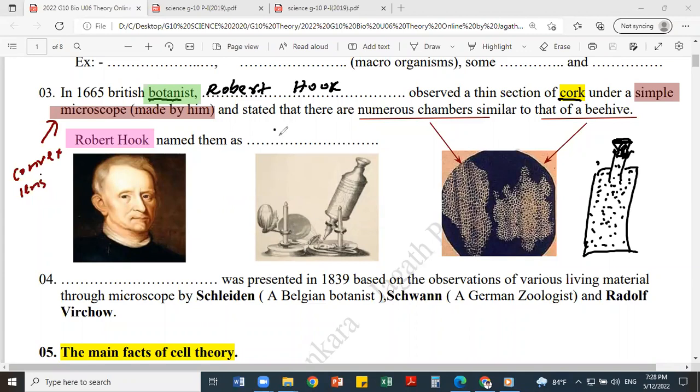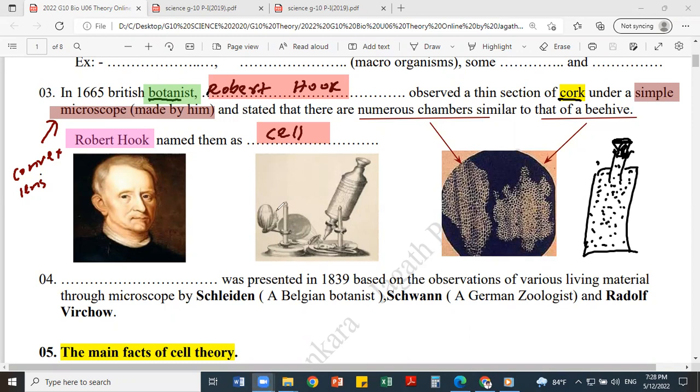Robert Hooke. So he is the person who introduced the term cell to the world. Important for the oral paper, structured essay and MCQs. They will not give this picture and ask who that is, or ask you to draw this beehive structure, but they can ask MCQs and structured questions from this.